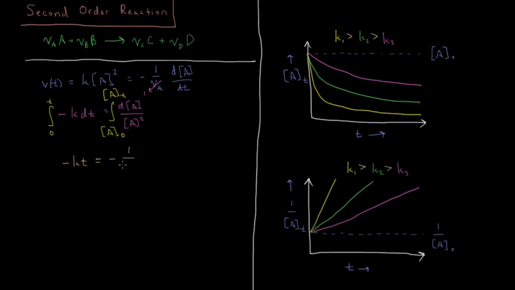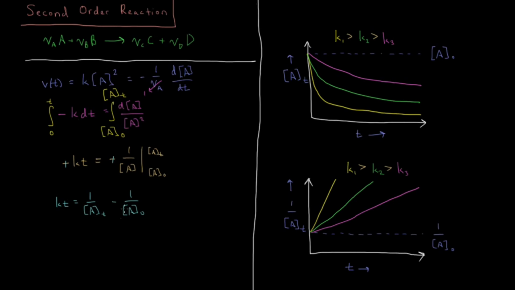So we have minus 1 over A, evaluated at two different values: at A of t, and at A naught. Okay, you notice that there's a minus sign on both sides, so I'm just going to change that to a plus. So we're going to get kt equals 1 over A of t minus 1 over A naught.